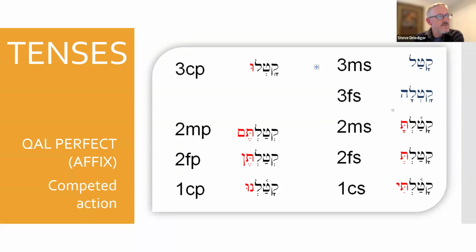Second feminine plural, katalten. And first common plural, so there's another instance. I guess first person never changes for masculine or feminine. It's always common. First common plural, katalnu, or katalnu, depending on how particular you want to be about pronouncing the patach.